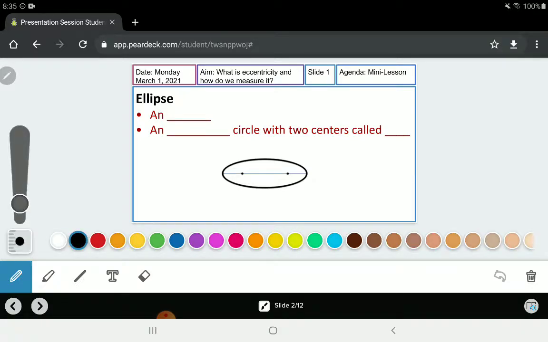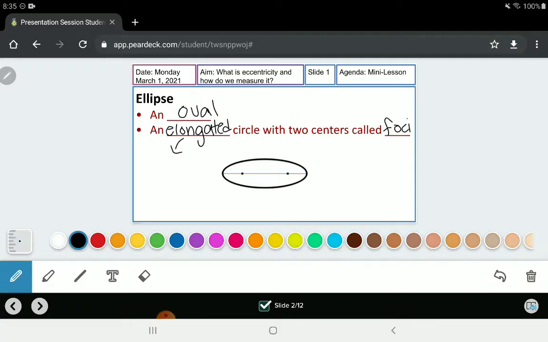Our first vocabulary word is ellipse. An ellipse is an oval. It's like the shape of an oval, and we can further define that as an elongated circle with two centers called foci.